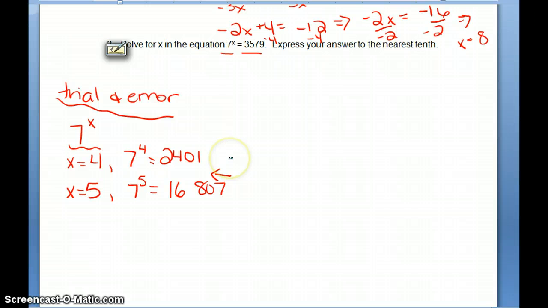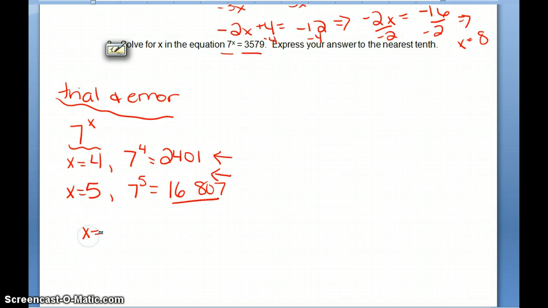And 3,579 is pretty close to 7 to the power of 4 when we compare it to 7 to the power of 5. This one is just way out to lunch. So there would be not much of a point in guessing high decimal points. Let's maybe start with something lower.